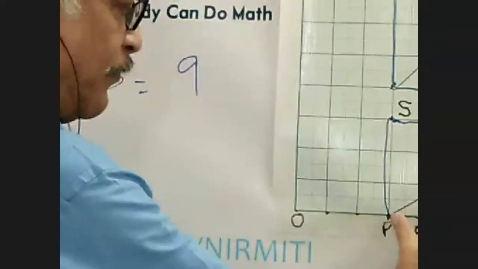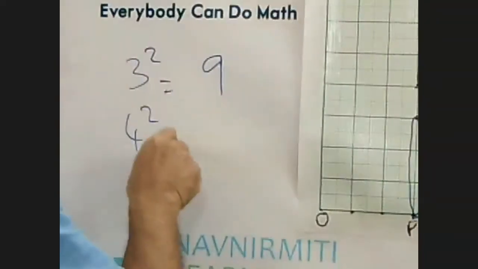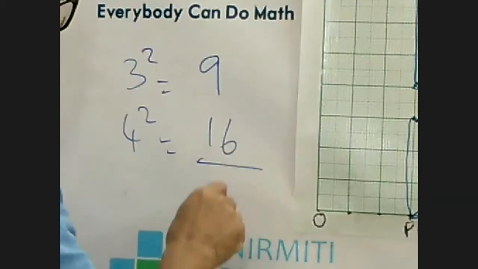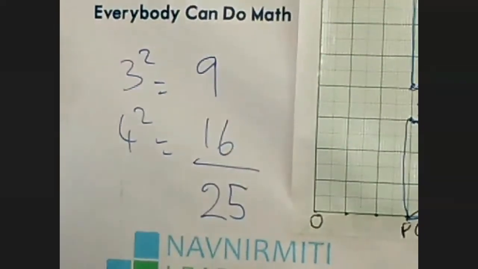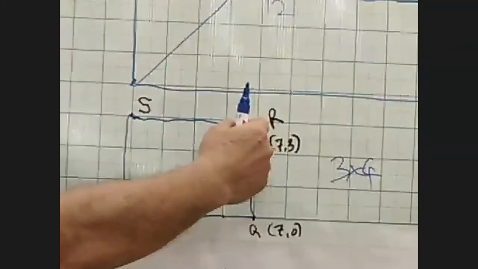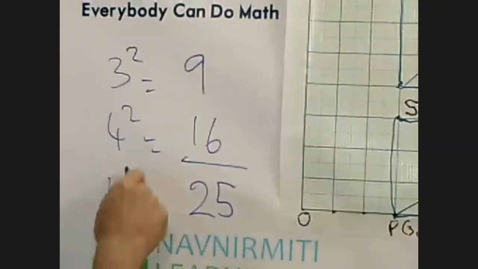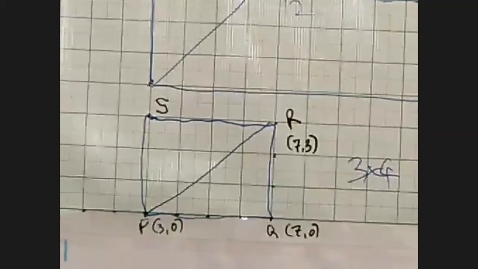Let me take the square of 4. 16. Let me add them up. 25. And what was the diagonal here? 5. So that is 5 squared, 25.